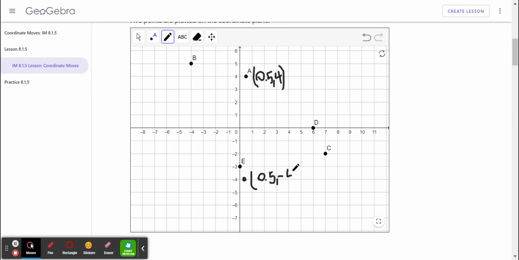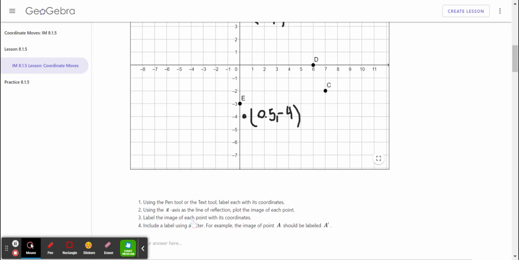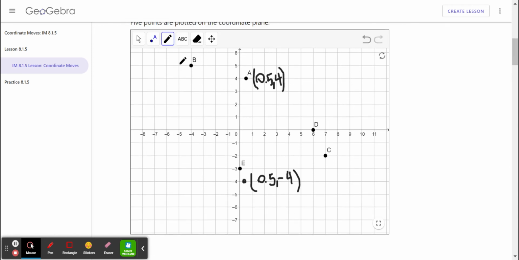So the coordinates have changed to negative for that y value there. And we end up with the coordinate pair 0.5, -4. So go ahead and complete step 2 for points B, D, C, and E. You're reflecting them all over the x-axis.